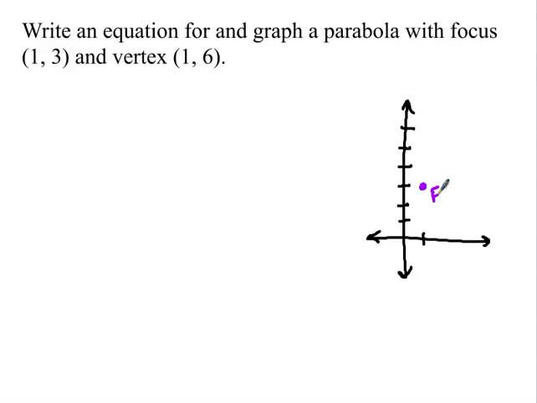We'll call that F. Vertex is at 1, 6. Oops, let's do a different color so you can see that a little bit better. Here's the vertex. Okay. So just by graphing, you can tell what direction it opens. Down. Okay, there. So now we've got to come up with an equation.